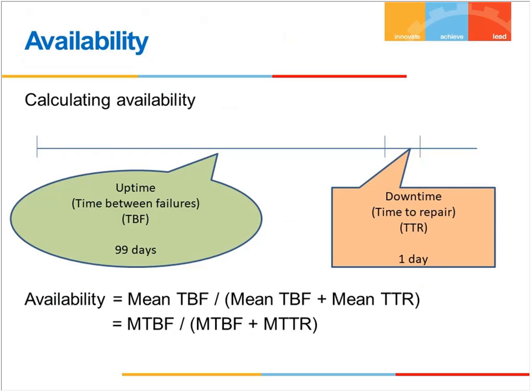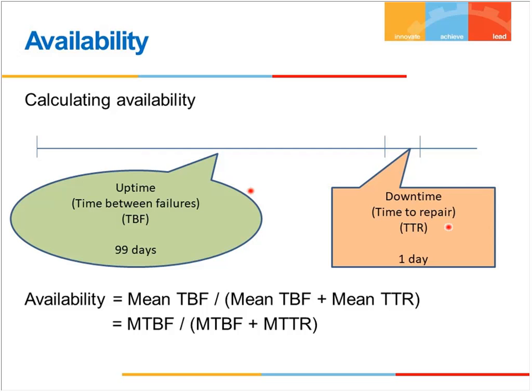So the way to calculate the availability is you have to measure how long the system runs without failing. That is called time between failures, and we need to take an average. So let's say there are different incidents of the system going down. For each time before it went down, how long it was running. So that is the average time between failures. And on an average, how long does it take for bringing the system back to regular operation? So that is called time to repair.